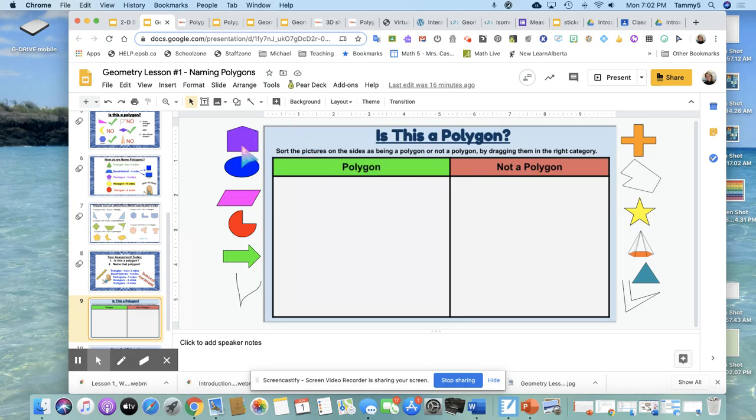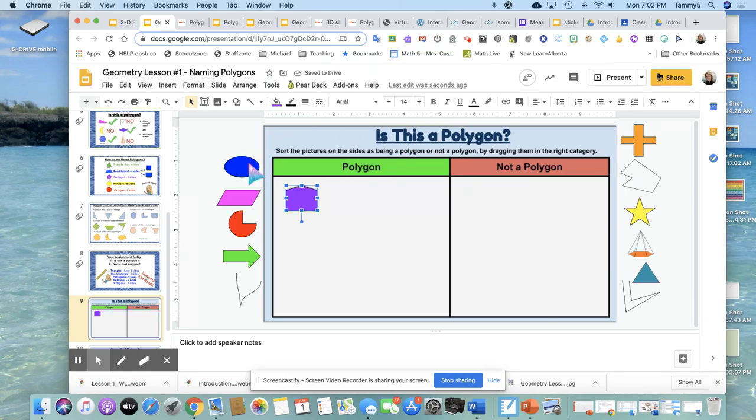So here you look and see, does this shape have straight sides? Yes, it does. And are all the sides joined together? Yes, they are. So this would be a polygon. So you would click on the picture, then left click and keep holding, and drag this figure over to the polygon side.